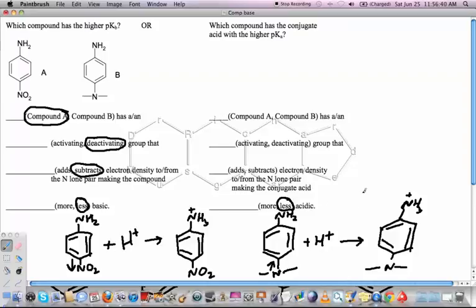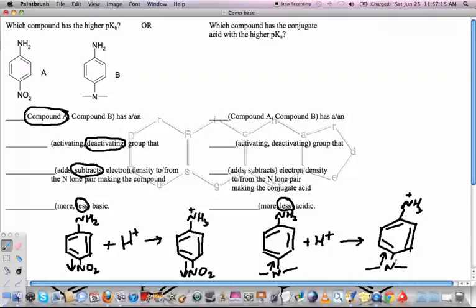And out of these two, we've got to look at the effect of the group on each of these. And what I want you to see is this: if you've got a nitro group and it's taking electron density away here, then what's going to happen is that it is going to make this cation here less stable, which means that it's going to want to get rid of H+, which is going to make this one more acidic.